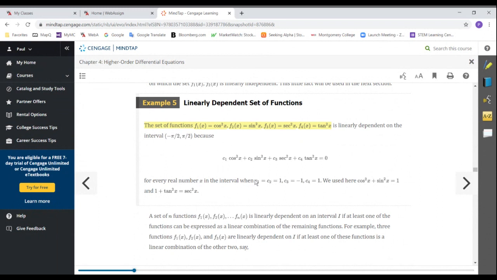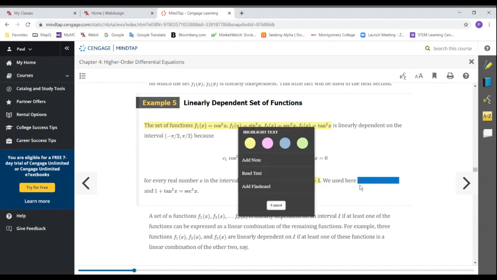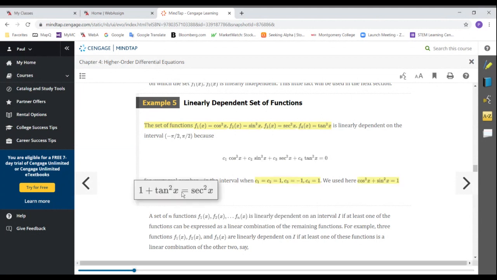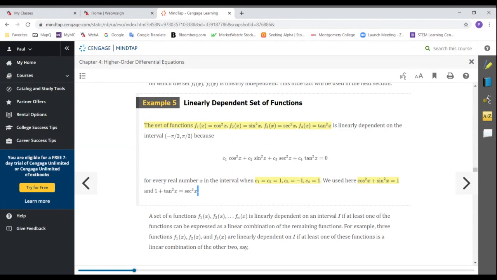Namely when C1 equals C2 equals 1, C3 equals -1, and C4 equals 1. And that's based off of these trig identities. You see that?